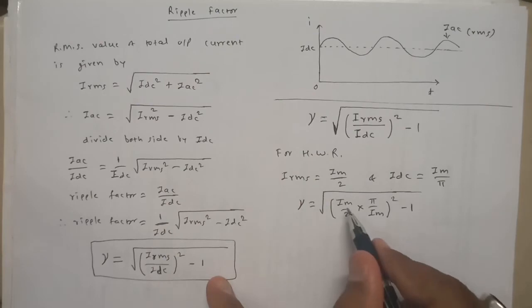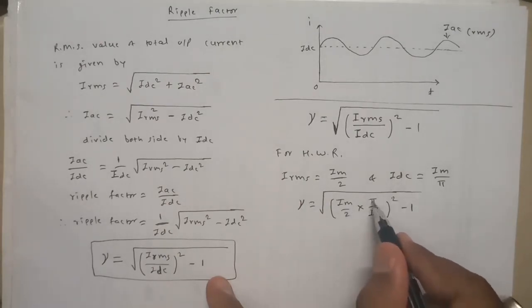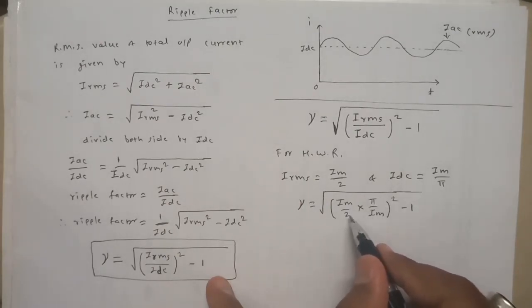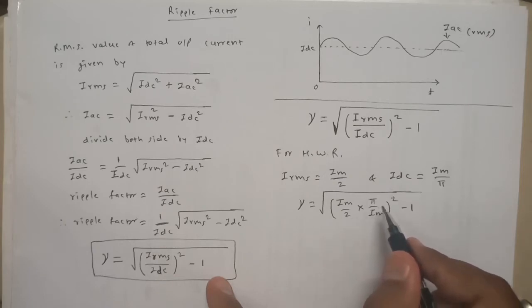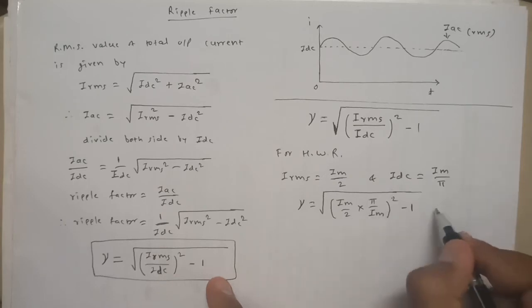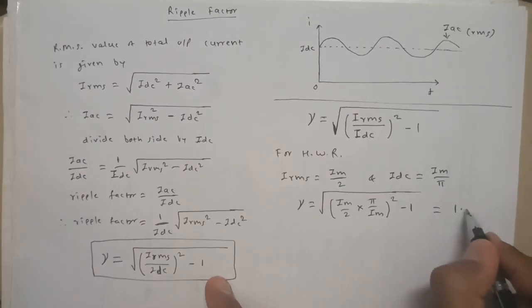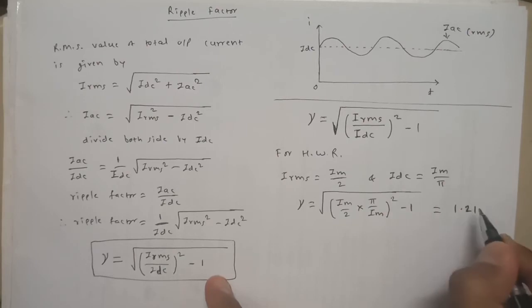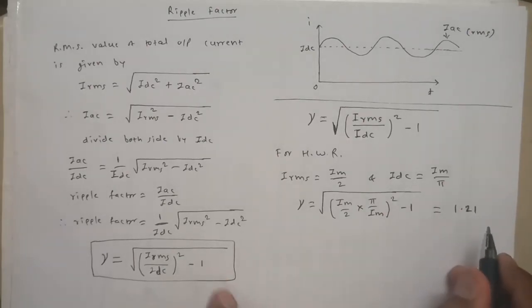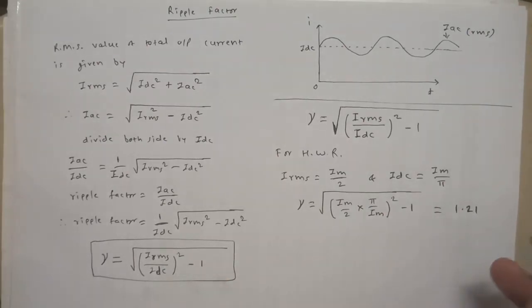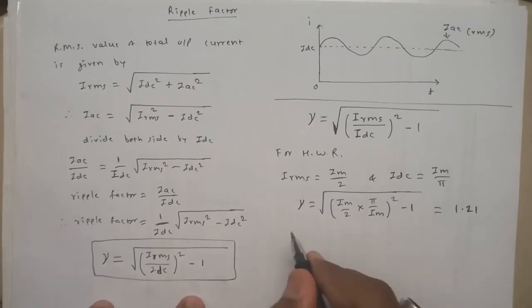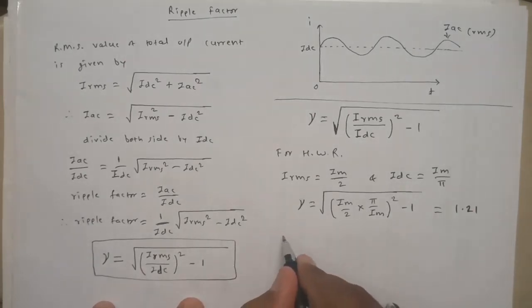Solving this further, this IM will get cancelled. Pi by 2, if I calculate its value and take its square, and doing all this, if I solve, I will be getting the value of ripple factor in case of half wave rectifier is 1.21. This is the value of ripple factor. In percentage, you can see how much higher value of ripple factor we are getting in case of half wave rectifier.